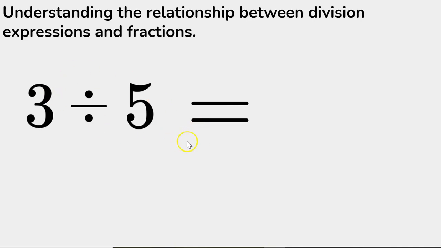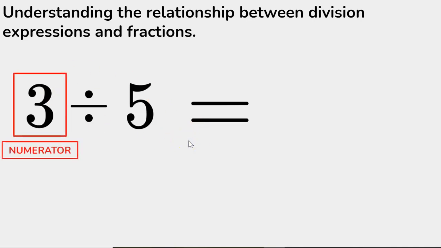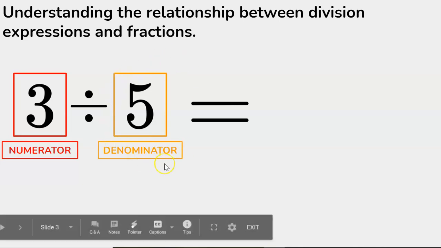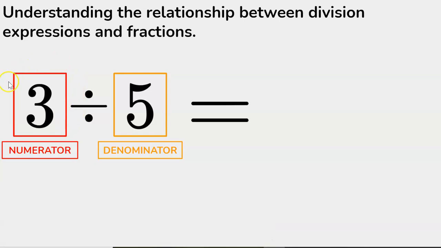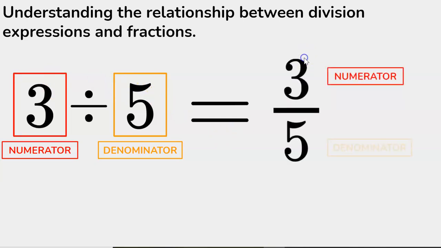We are going to look at this division expression and say to ourselves, well, in a fraction, we have the numerator divided by the denominator. In a division expression, we can see that as well. Our first number, our dividend, divided by our second number, our divisor. So we can take a division expression like 3 divided by 5 and rewrite it as 3/5.